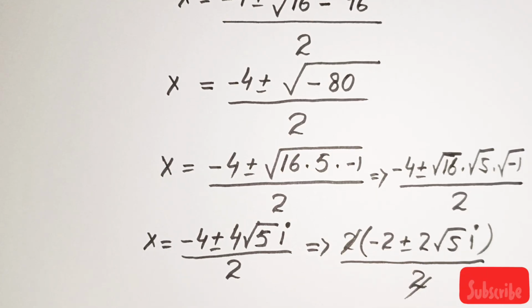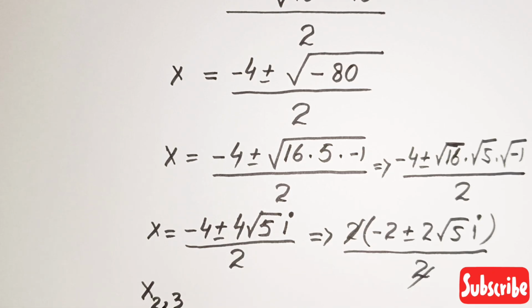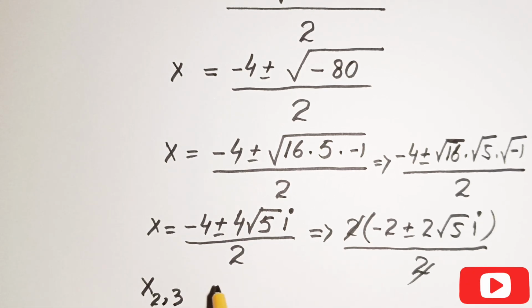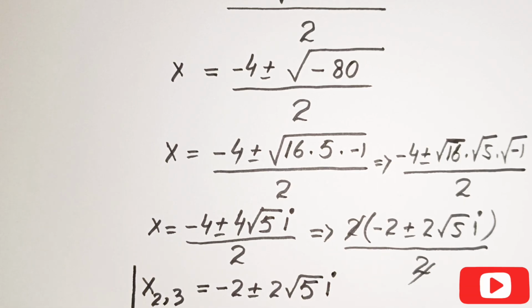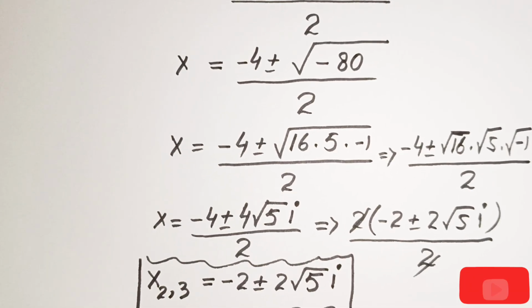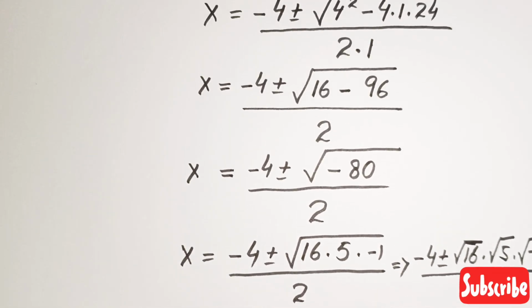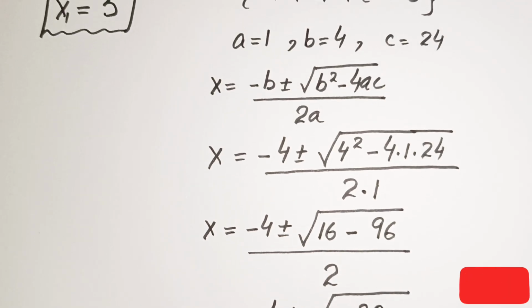Cancelling this 2 with 2, we have two possible values of x, let's say x2 and x3, equal to minus 2 plus minus 2 times square root of 5 i. So here we have a complex solution, so our final answer is that we have real as well as complex solutions: x1 is equal to 5, our real solution.